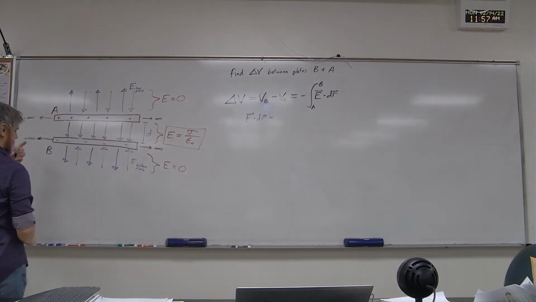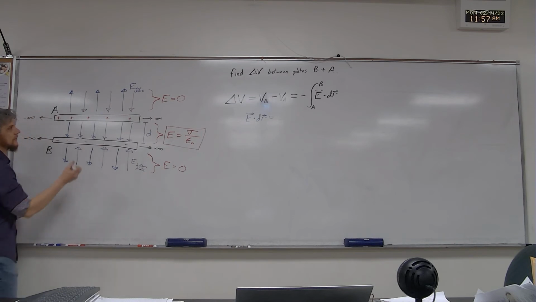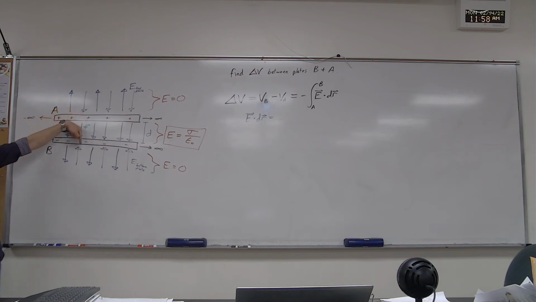Well, if we're going from A to B, dr are displacements, right? So as I go from A to B, what is dr? Well, I'm just moving down, in little increments, dr. Make sense?